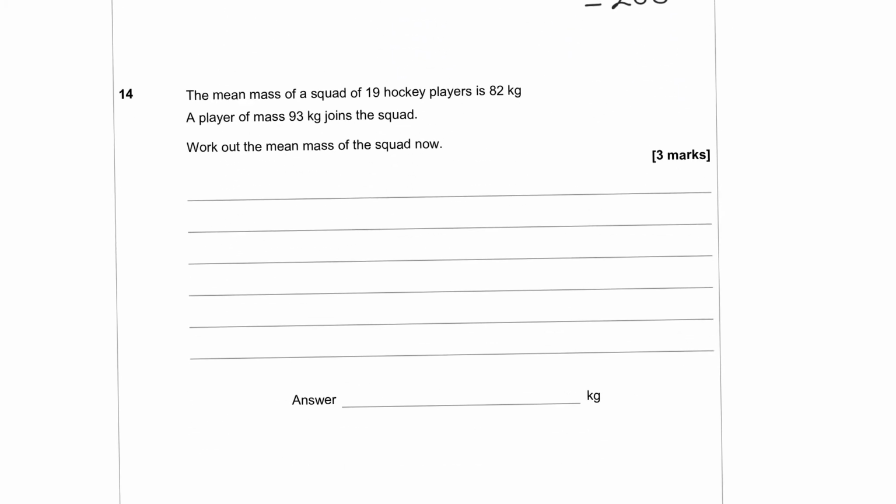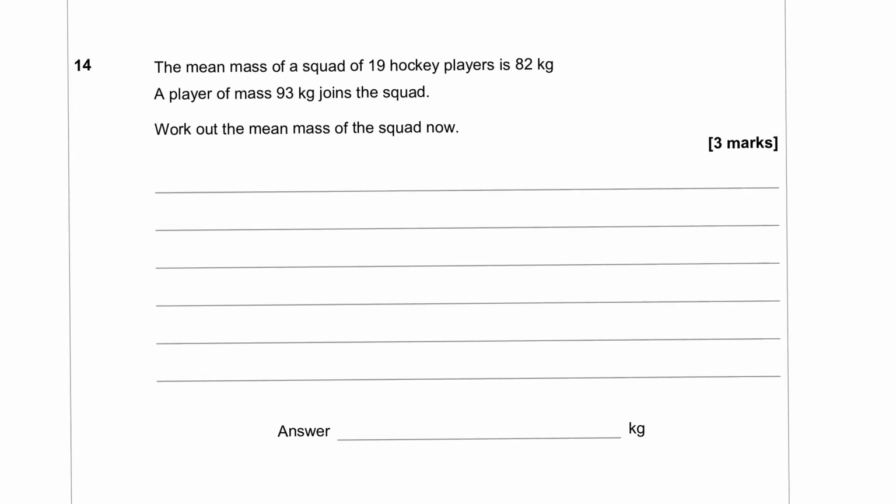Then moving on to question 14, it says the mean mass of a squad of 19 hockey players is 82 kilograms. A player of a mass of 93 joins the squad. So work out the mean mass of the squad now. Well, I need to work out the total mass of everyone. And to do that, I'm going to put into my calculator 82 times 19, which would give me 1,558. Now I need to add the extra weight of the squad member, which is 93.